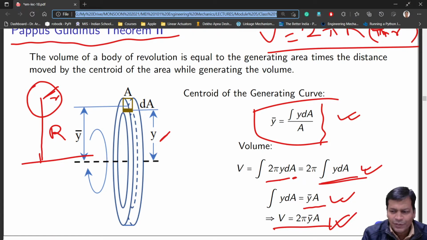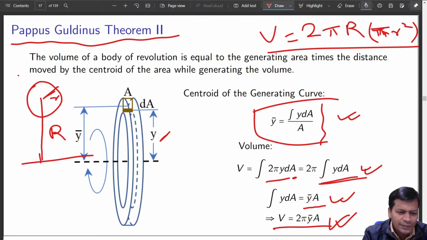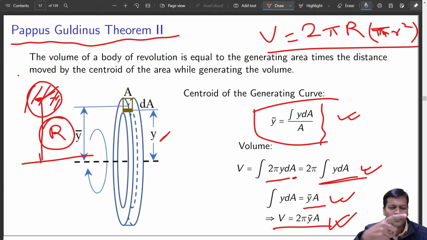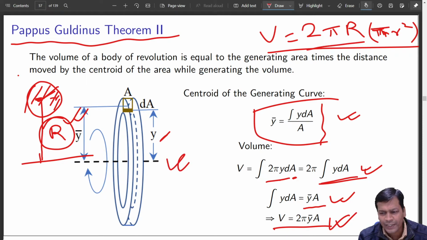Pi r square is the area. The centroid of that area is at the center, so it is at a distance capital R. So the centroid travels the distance of 2 pi capital R while it does that revolution about this axis. So you multiply 2 pi R, the distance traveled by the centroid, into the area of the generating area.